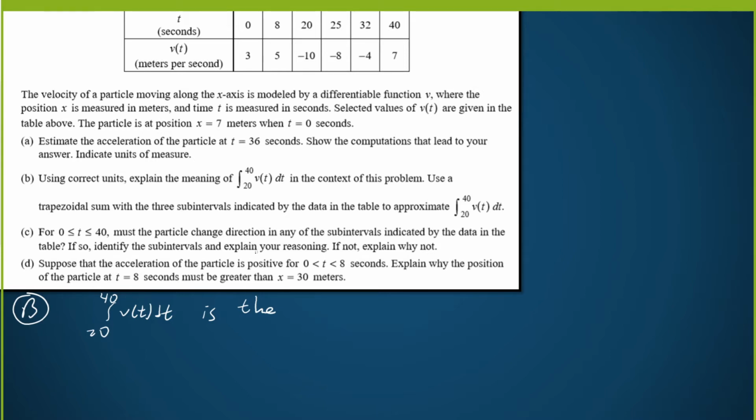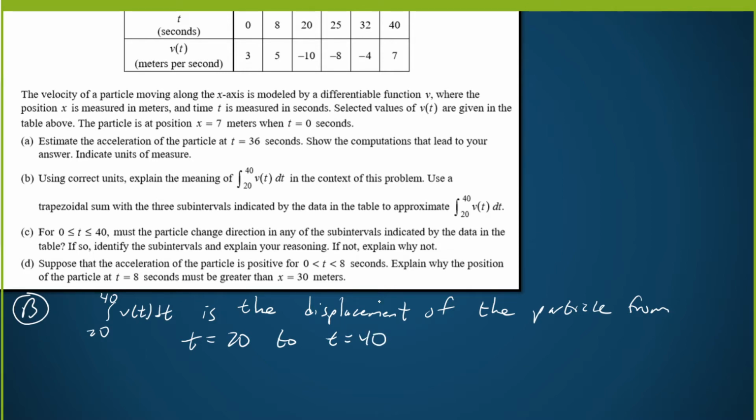Okay. So this is our, we're really close. This isn't distance, this is what? Displacement. Displacement, there we go. So this is the displacement of the particle from t equals 20 to t equals 40.